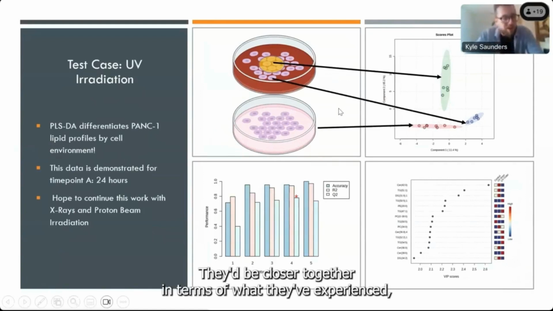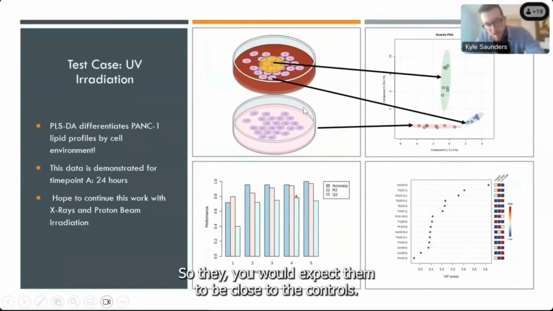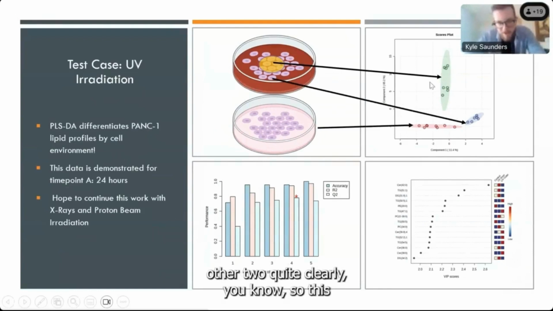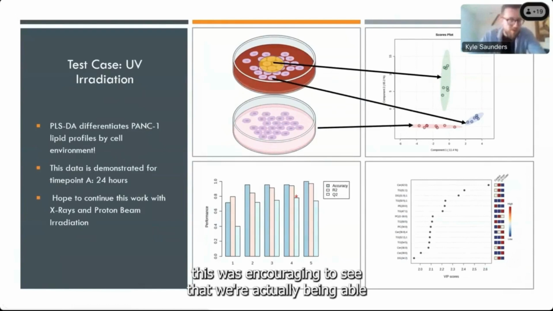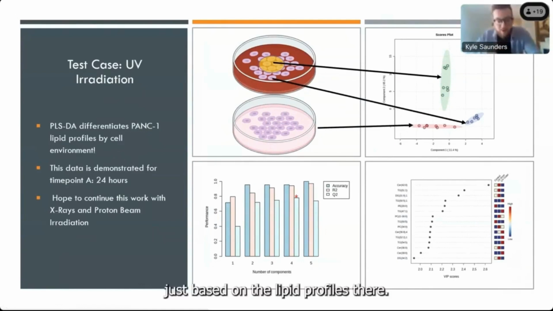They'd be closer together in terms of what they've experienced environmentally. They haven't had their direct irradiation by UV, so you would expect them to be close to the controls. And of course, the directly irradiated cells are separating from the other two quite clearly. So this was encouraging to see that we're actually able to detect the spatial differences based on what we've imposed, just based on the lipid profiles.